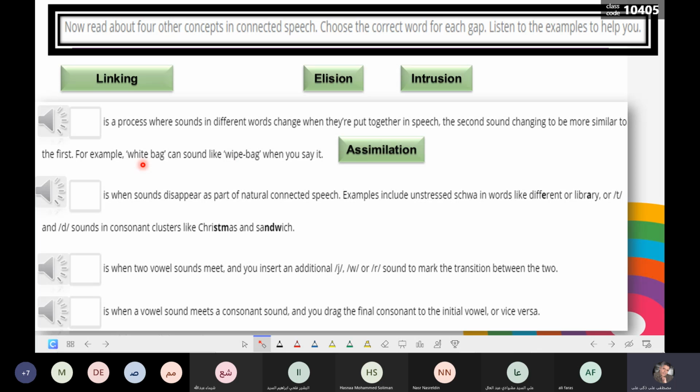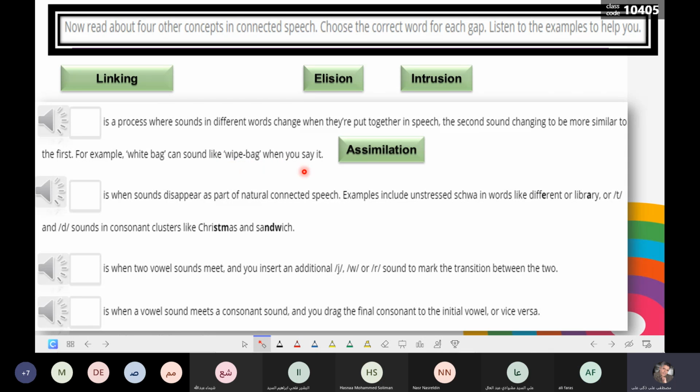Instead of saying white bag, the English speaker says wipe bag. But we don't have two separate sounds, P and B. We don't say white bag separately; we don't separate them.